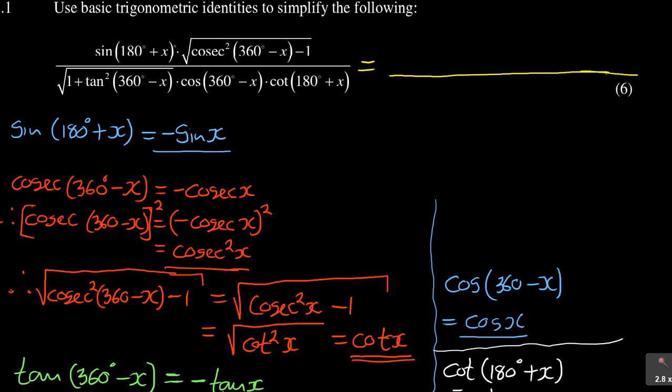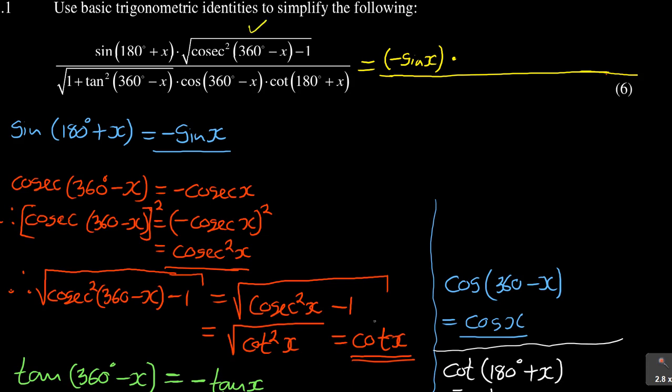So the first one was sin 180. So I'll put a bracket and have minus sin x, and it was multiplying the next one. It's simplified, which is that part.